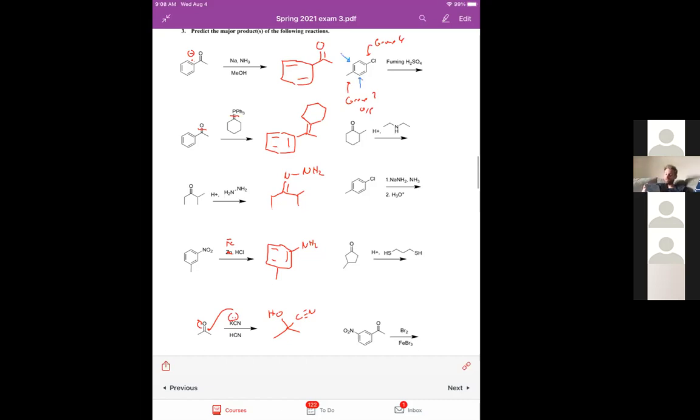Symmetrical, so it doesn't matter which one it adds to. You have fuming H2SO4, so we're going to be adding a sulfate. And you can add either the top or the bottom, doesn't matter because it's symmetrical.